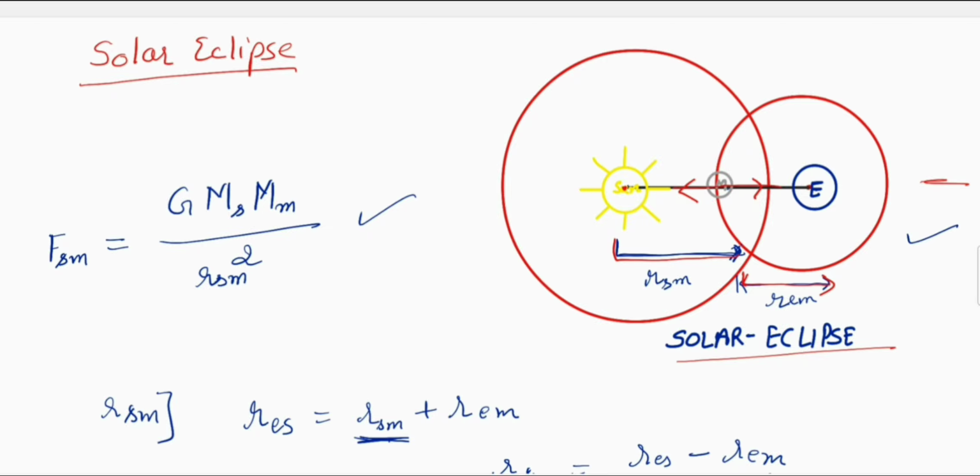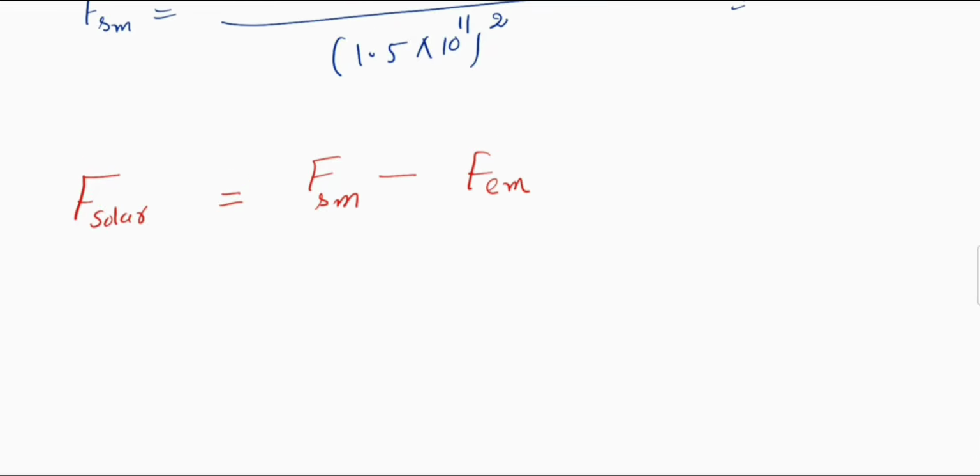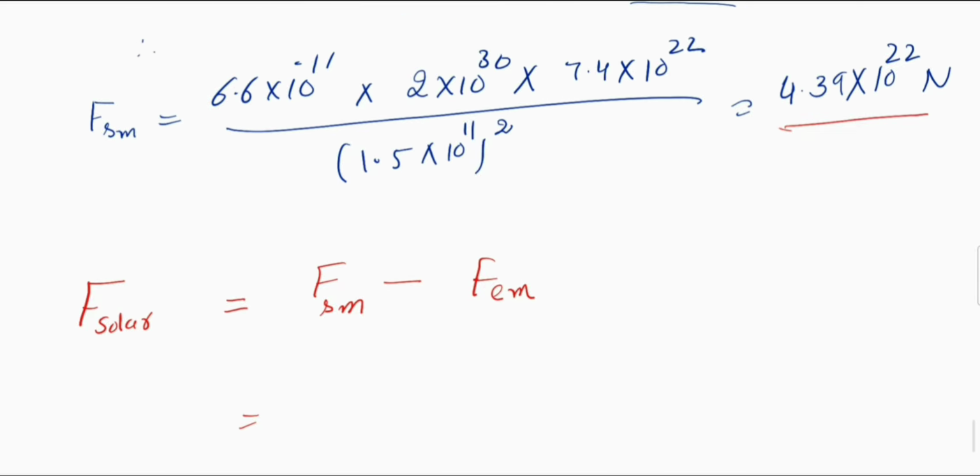So net force during the solar eclipse on the moon, we can write here as F solar is equal to FSM minus FEM. So this FSM, we have this value 4.39 into 10 raised to power 20 minus FEM.